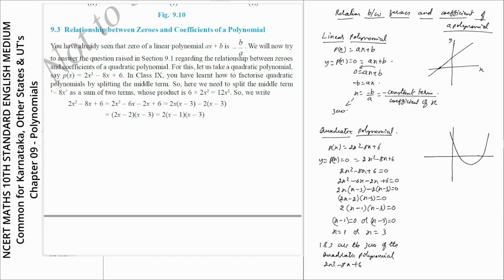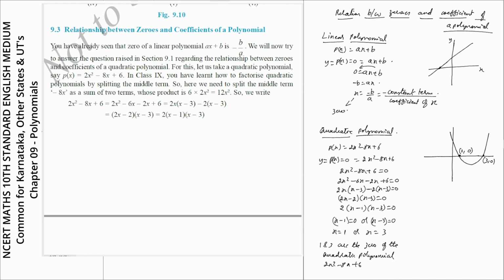Zeros are nothing but the x values for which the y values are 0. So 1 and 3 are zeros, and those points are here. For x is equal to 3, y became 0, and for x is equal to 1, y became 0. You can see here.